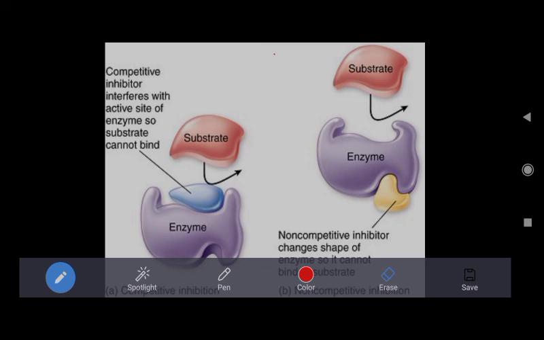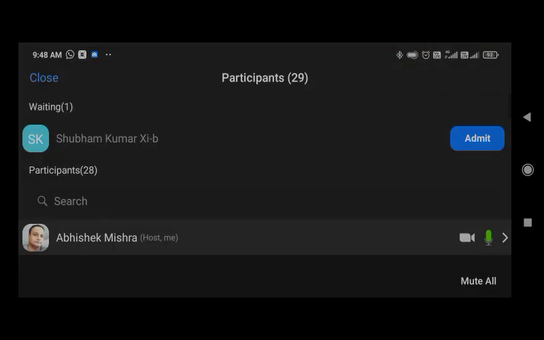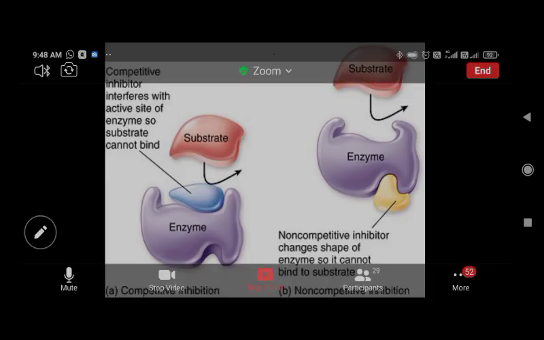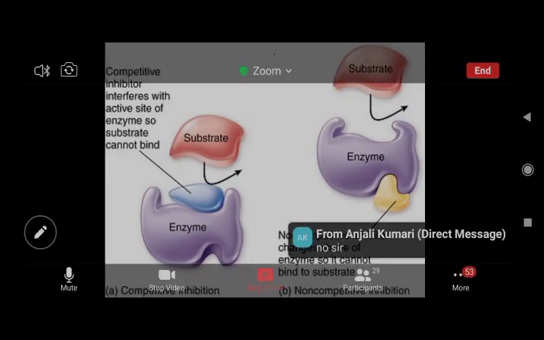So what I will ask you from this is, does it bind to the active site? No. Very good, Anjali. Very quick response. No, it does not bind to the active site. Rather, it binds to some other site apart from the active site, and it changes the enzyme structure.